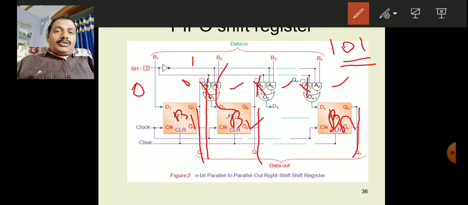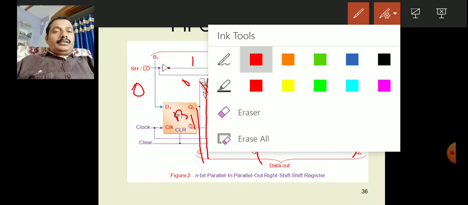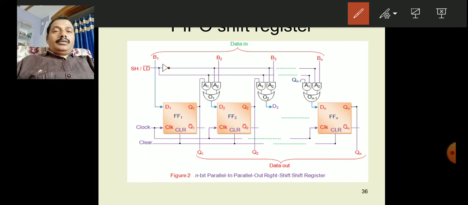And PIPO shifting also is possible with the circuit. PIPO shifting, how it is done? Whenever the mode control bit, the shift load control bit, is 1, then NOT gate output is 0. This is 1. So that means these right side AND gates are disabled. Only left side AND gates are enabled.